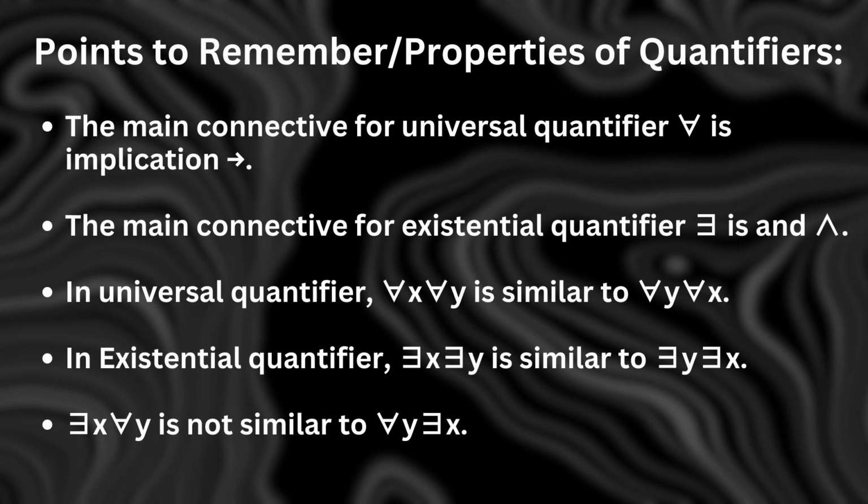There exists x, there exists y is similar to there exists y, there exists x. However, there exists x for all y is not similar to for all y there exists x. These properties help illustrate the behavior and relationships between different quantifiers and their combinations in logical expressions. They are important for correctly interpreting and manipulating statements involving quantifications.